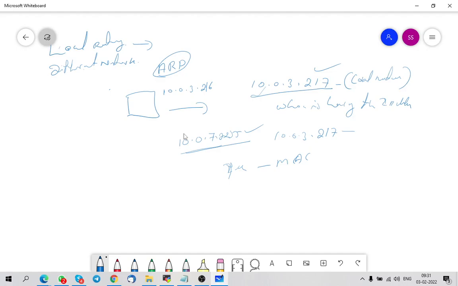That means this host will receive a response saying, I am holding this IP address 217 and my MAC address is this. Then it will forward the packet to this MAC address. So first the ARP request, then the response, then it forwards the packet to the MAC address.